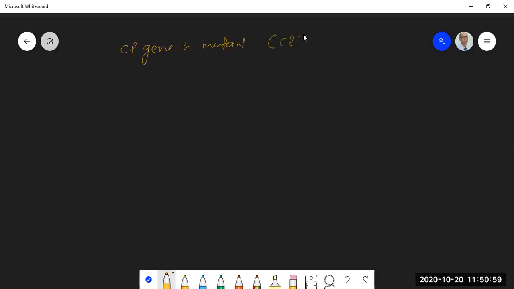It is represented as CL minus. What will happen? The CL gene is the gene which codes for the repressor protein. And if there is a mutation in this, what is going to happen? Such mutants will never be able to follow the lysogenic pathway.